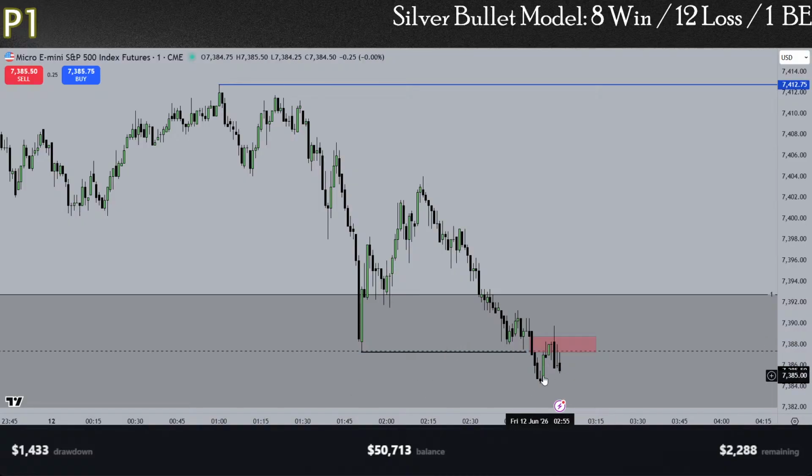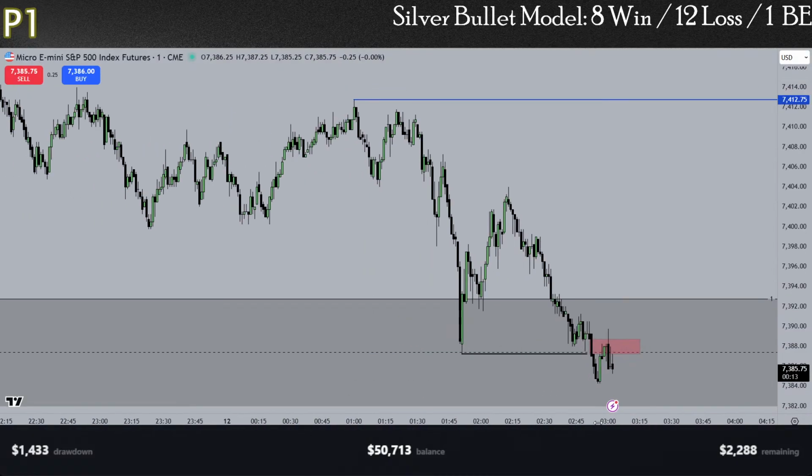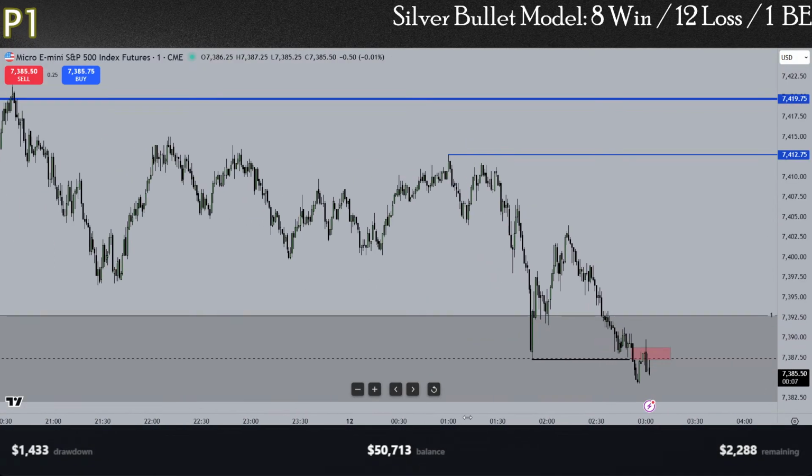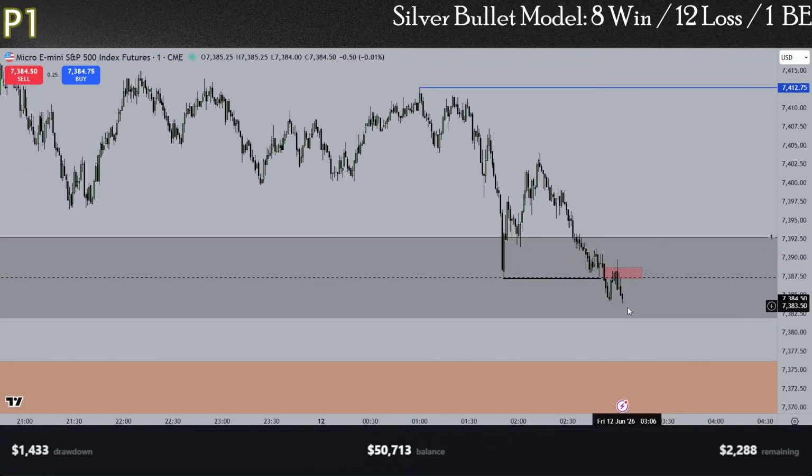All right. So going to the 3 a.m., we've taken some sell side already. Relative equal lows here. Relative equal lows here. This old low here, and we are still in somewhat of a close proximity to it. Again, on the downside, right now we are inside this daily volume imbalance.